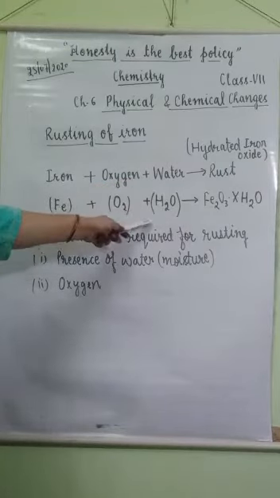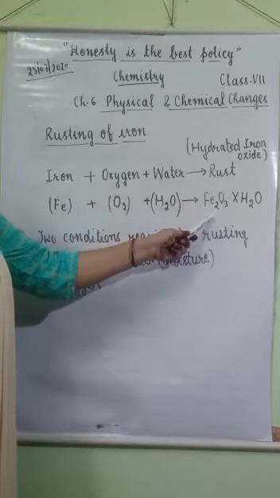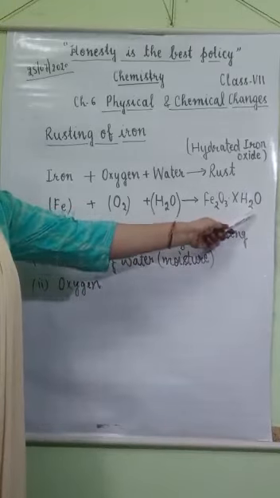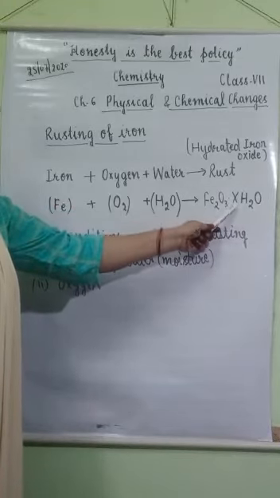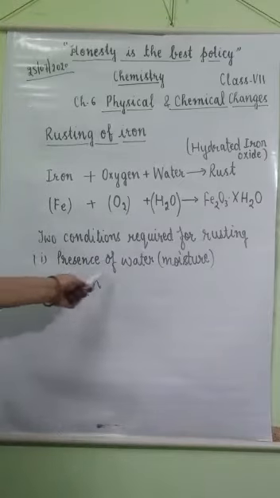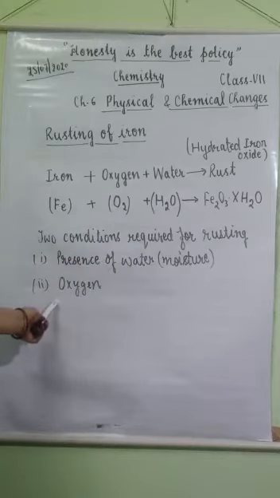When these substances react, they form rust, and the formula of rust is Fe2O3.xH2O, where x is the number of molecules of water. So the conditions required for rusting are the presence of water or moisture and the presence of oxygen.